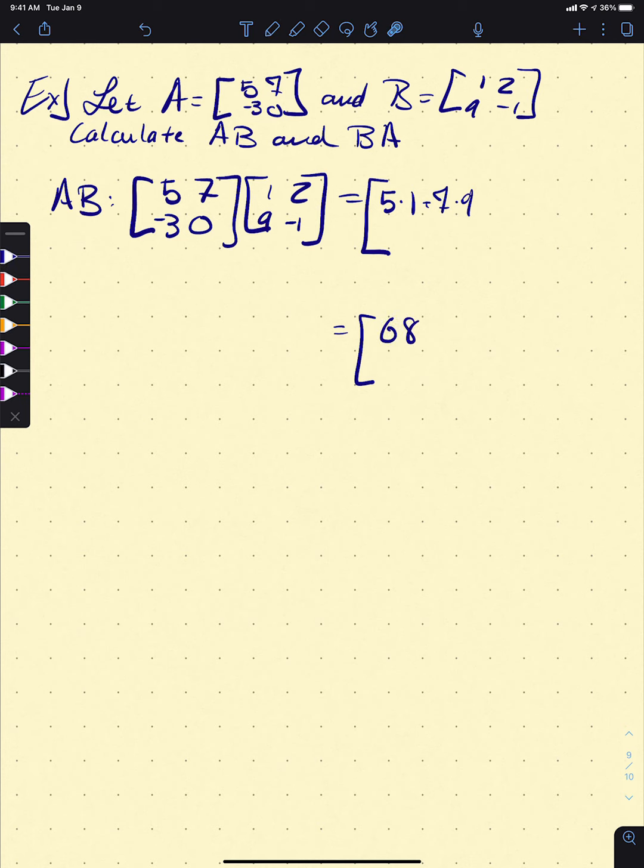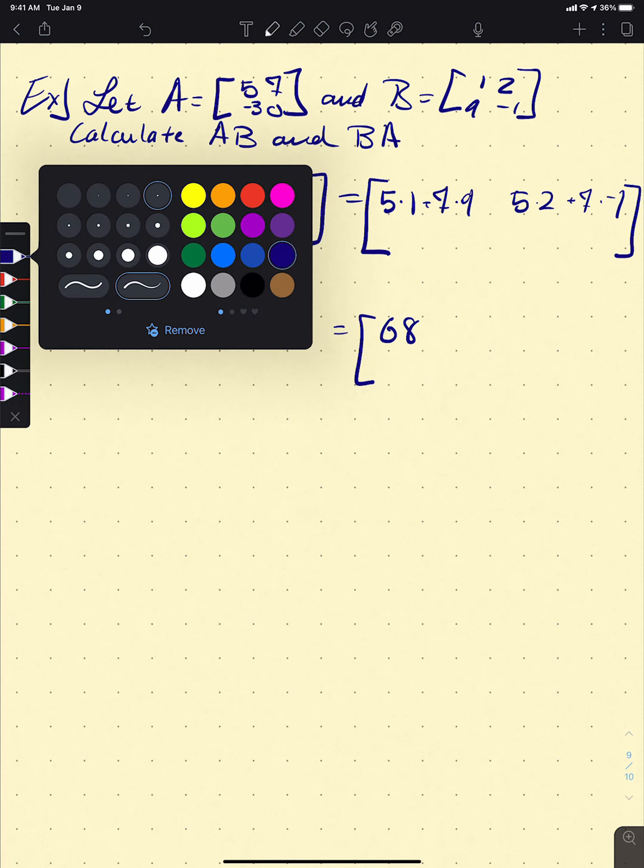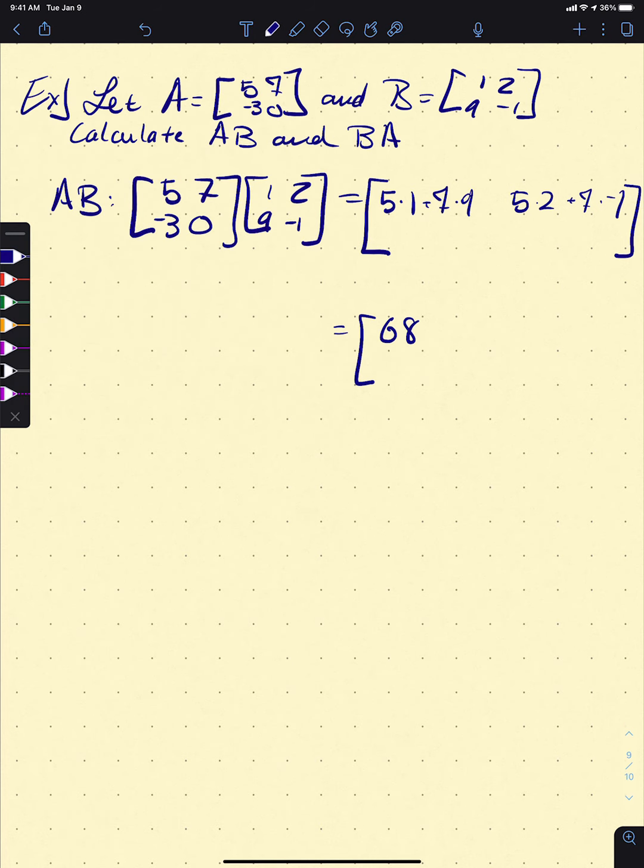What's happening on this entry? Well, we have the inner product of this row with this column. So we have 5 times 2 plus 7 times negative 1. 5 times 2 is 10, minus 7 is 3.